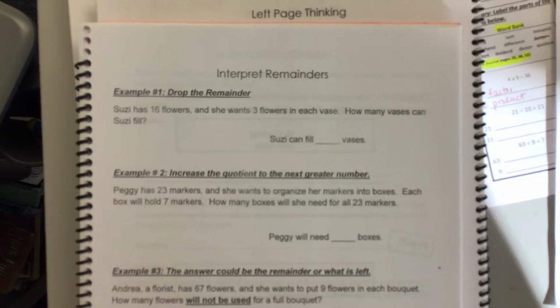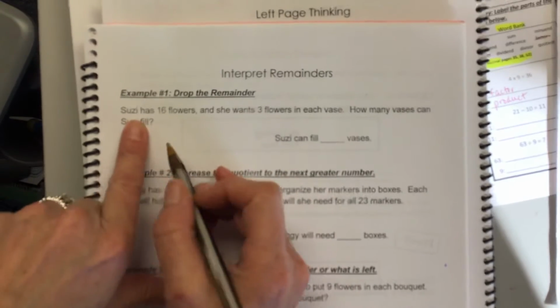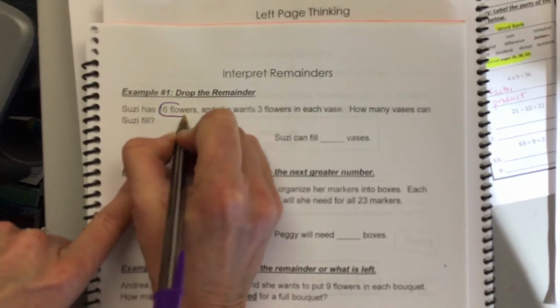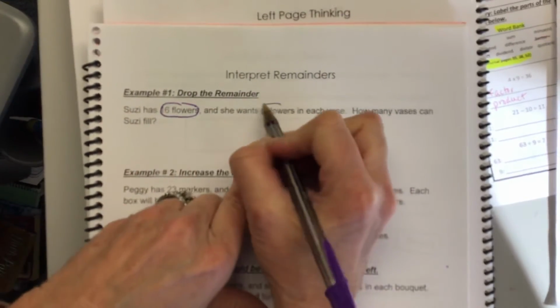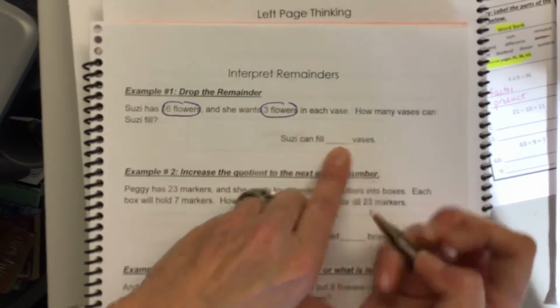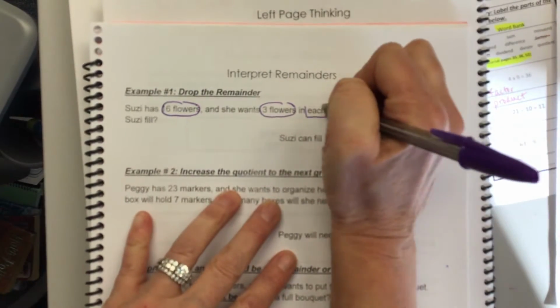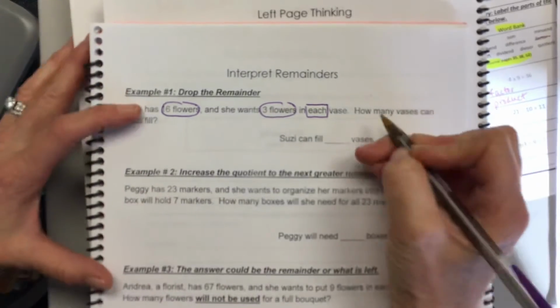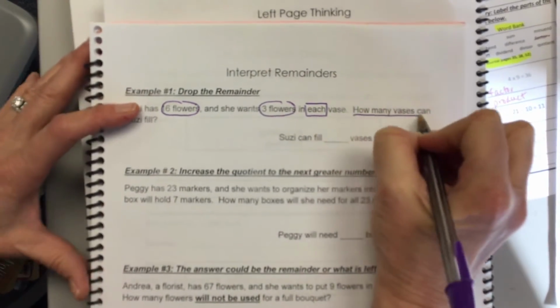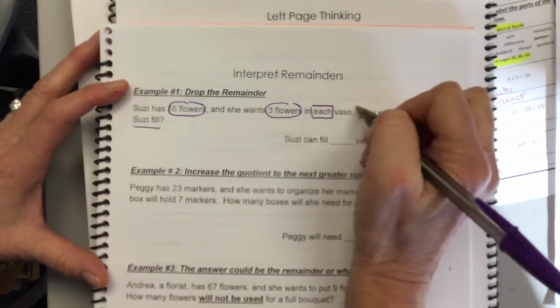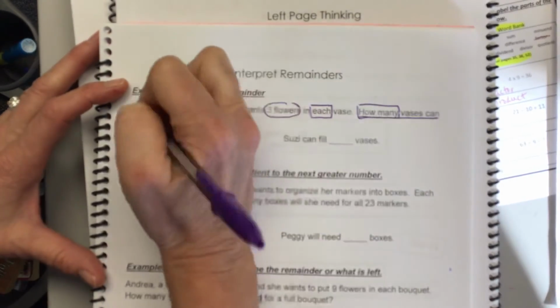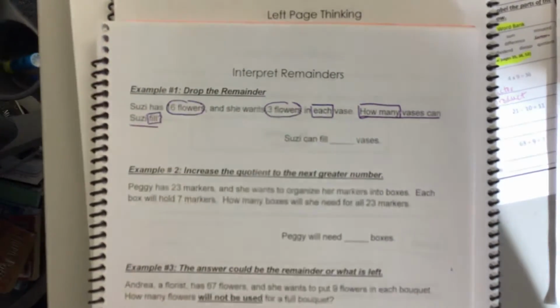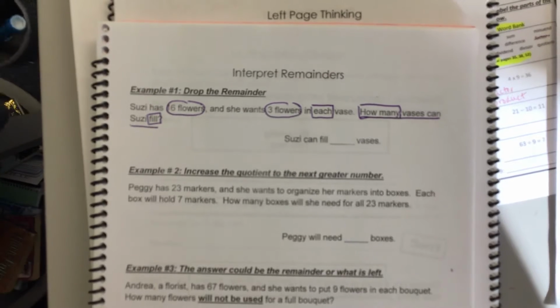Always. That never changes. So Susie has 16 flowers, and she wants 3 flowers in each vase. Put a box around the math action word. Underline the question. How many vases can Susie fill? How many? And then actually that word fill, because the vases have to be full.